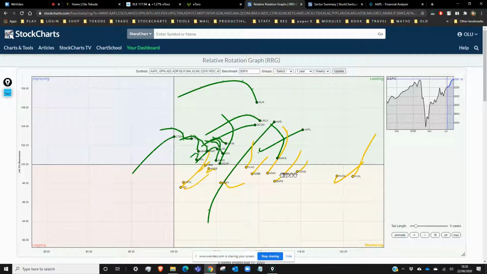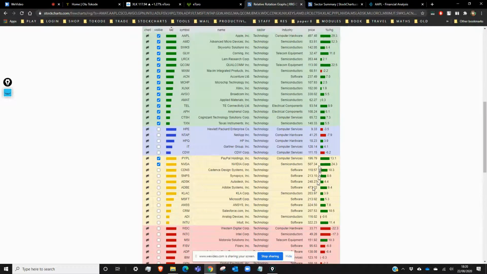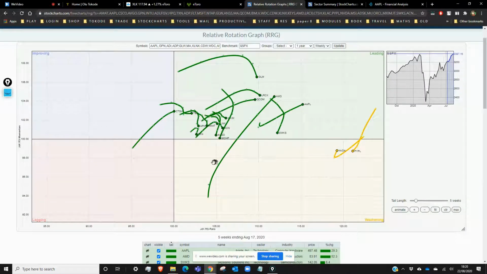So I think I'll take these ones away. So I'll remove Cadence, Synopsys, Autodesk, Adobe, KLA, C, Microsoft, ANSYS, CRM, ADI, INTU, and we've got Apple, AMD, Qualcomm. That's rolling over. That's Corning.